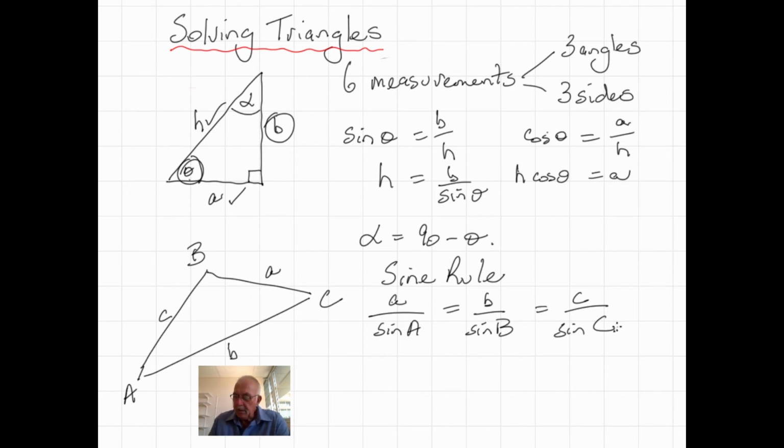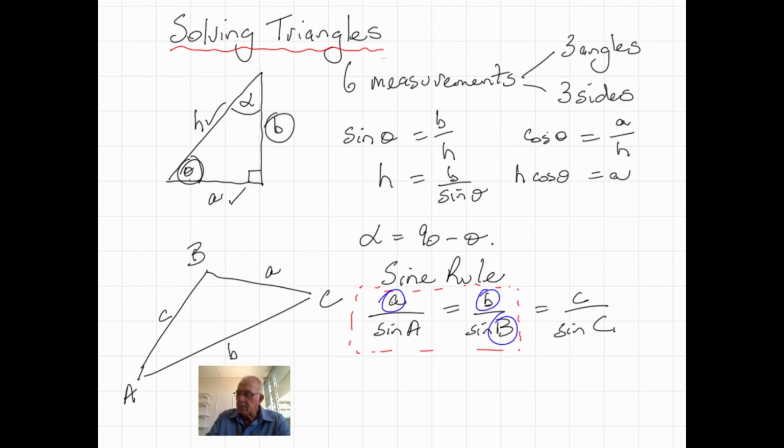So what you need in this case, if we just look at the first equation here, given that we know, say, the two sides and this angle, then we can work out angle A. Or you need three of those four pieces of information to be able to work out the fourth one.